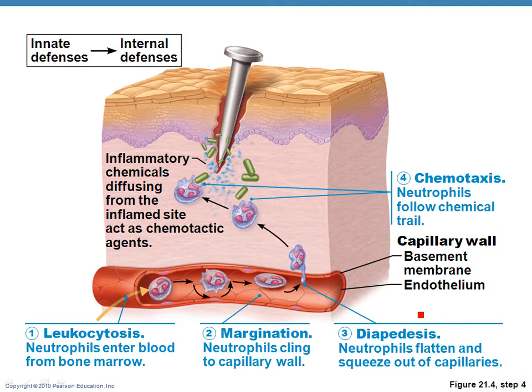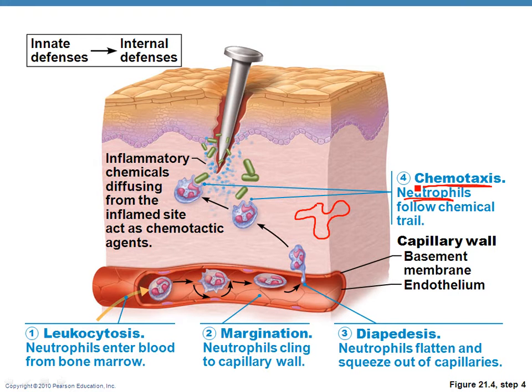How do these white blood cells, especially your neutrophils and then later your monocytes that become macrophages, wandering through these tissues, find their targets? They use chemotaxis, which means they can sense chemicals that have been released by damaged tissues. They can sense chemicals that are released by the invading bacteria and migrate towards them.